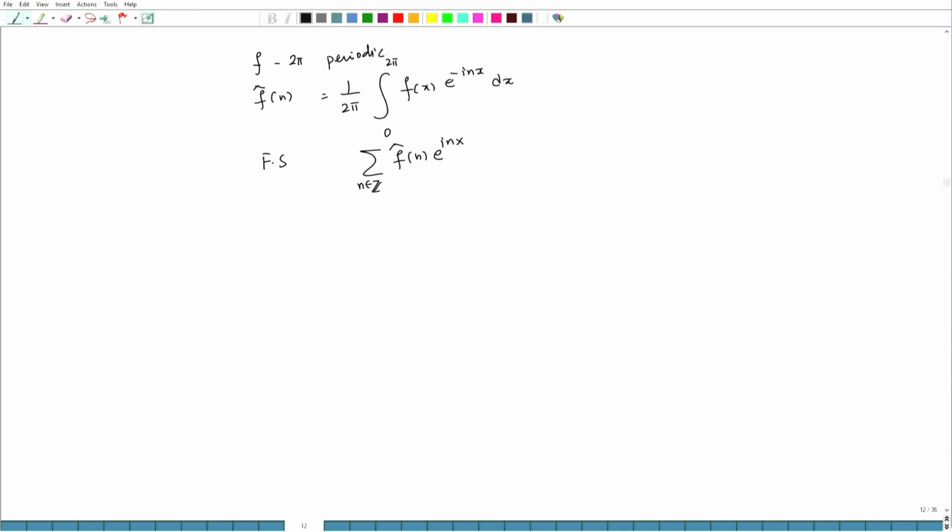And we have no a priori knowledge that given any Riemann integrable function this series is going to converge.